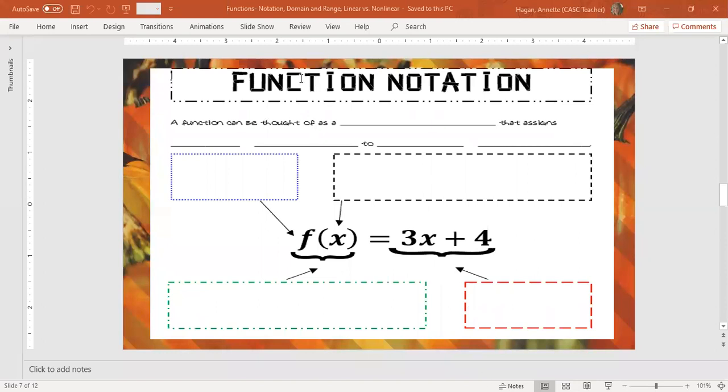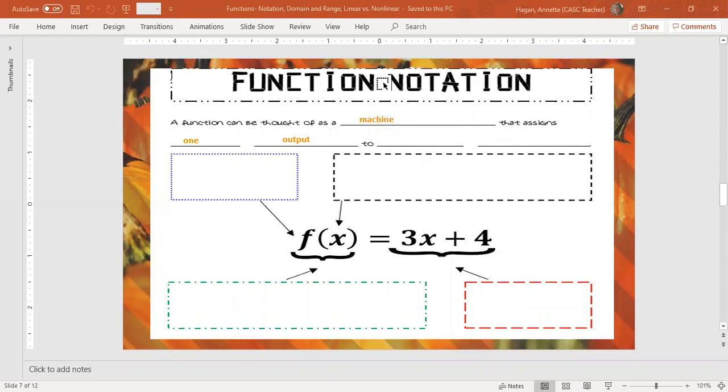So a function can be thought of as a machine that assigns one output to exactly one input.